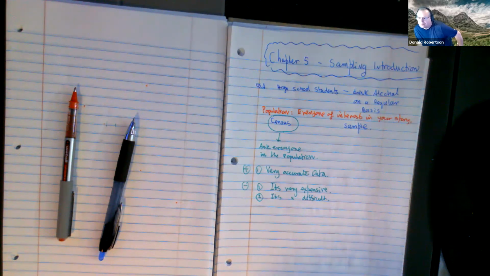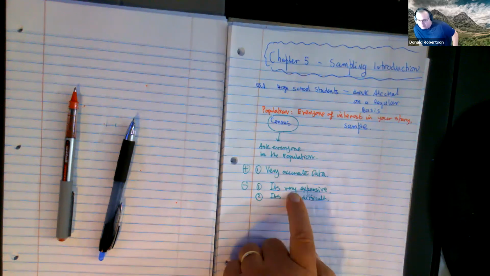I guess before that, wouldn't you have to get permission to do it? Can you just imagine the multitude of problems? And then there's some practical problems. Shouldn't you do it on the same day, at the same time everywhere? Otherwise, couldn't a student leave one high school and go to another one? And you'd miss them. What are you going to do about all the homeschooled high school students? Isn't that going to be even more difficult? Very expensive, and it's difficult.